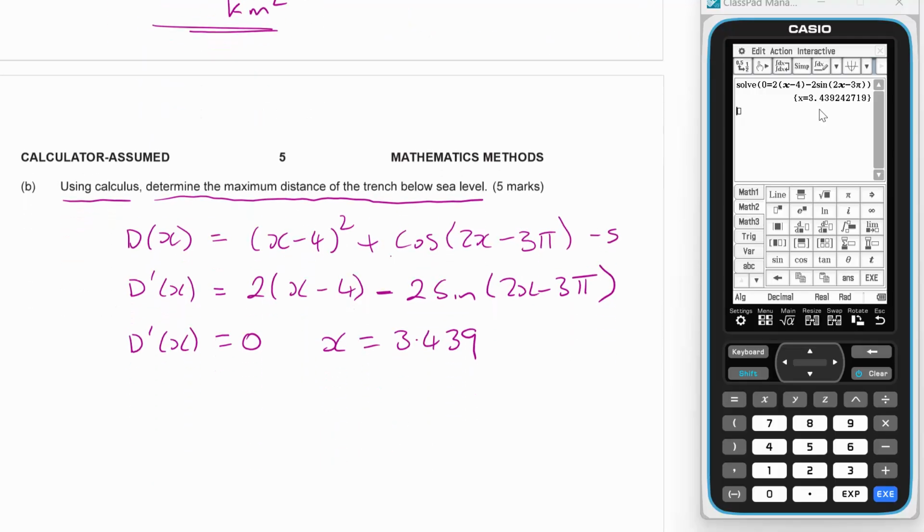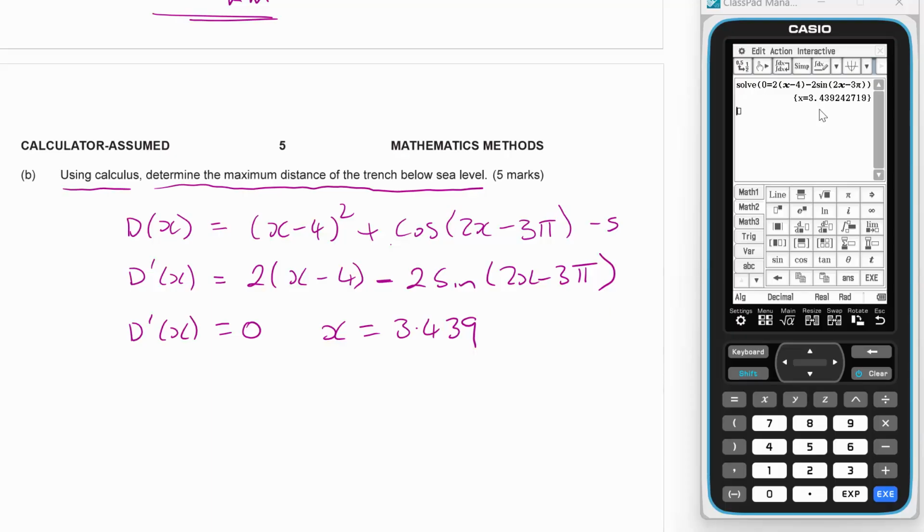Now, we should really justify that that is a minimum, so let's just do d double dashed x. So this of course is 2x take away 8, differentiate that we get 2, differentiate sine and we get cos, so that would be minus 4 because we've got to use the chain rule again. You could do this on the calculator, and 2x take away 3 pi.